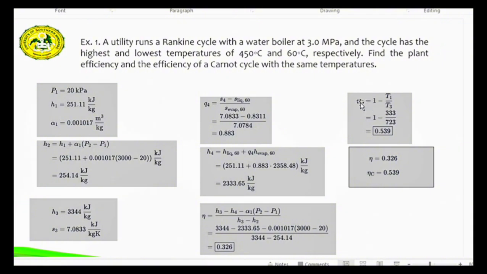So the thermal efficiency of a Carnot cycle is given by this equation: 1 minus T1 over T3, the temperature at state 1 over the temperature at state 3. That is 1 minus 333 over 723 Kelvin, and by plugging this into our calculator, we get 0.539 as the efficiency, or 53.90%.